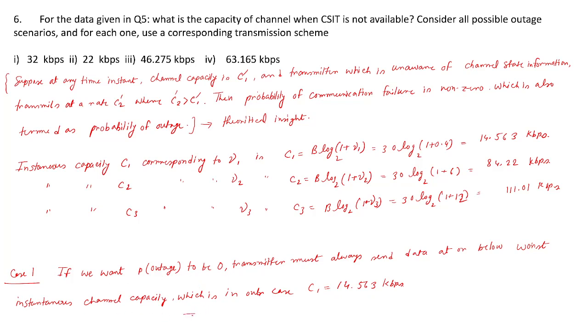Therefore the corresponding throughput that we are able to achieve for this condition, where probability of outage is 0, which we denote as R1, is as given in the lecture: 1 minus probability of outage times C1. Since the probability of outage is 0, it comes down to C1 only, 14.563 kbps. Correct.